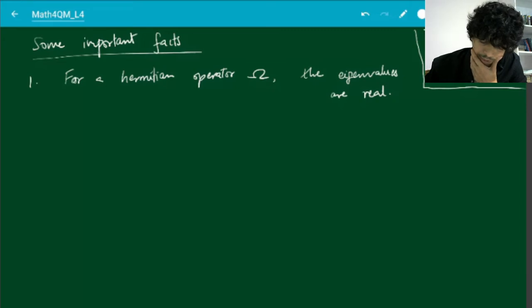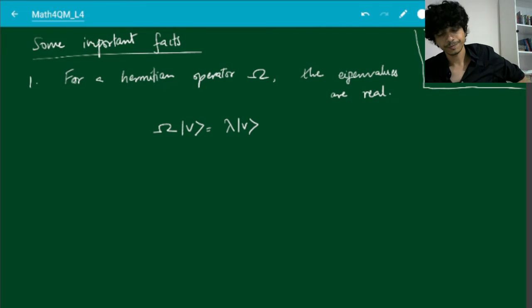The eigenvalue equation for this omega is as follows. Omega v is lambda v, where lambda is the eigenvalue.